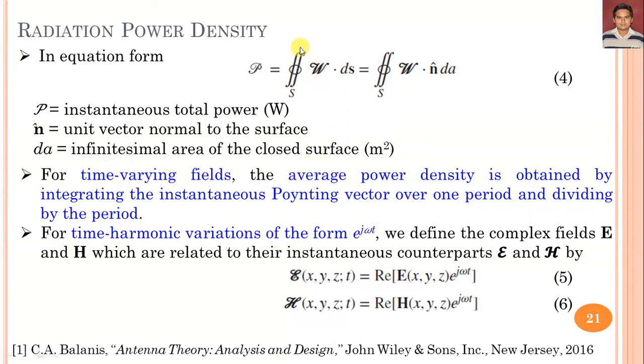For a time varying field, the average power density is obtained by integrating the instantaneous Poynting vector over one period and dividing by the period. For time harmonic variation of the form e to the power j omega t, we define the complex E and H, which are related to their instantaneous counterparts E and H by E(x,y,z;t) equals the real part of E(x,y,z) e to the power j omega t, and similarly for the magnetic field H(x,y,z;t).